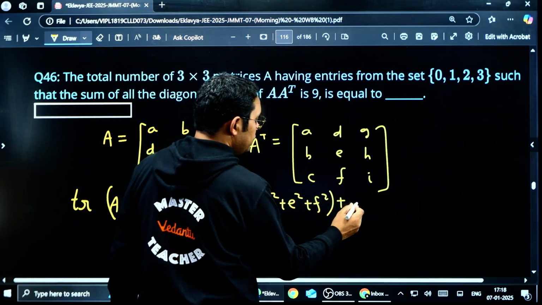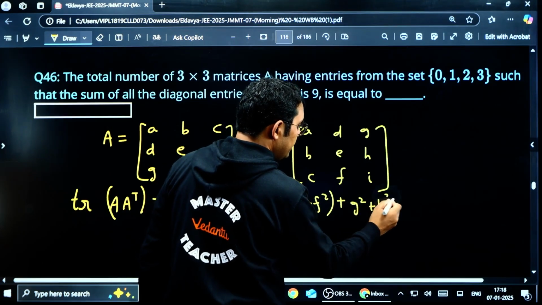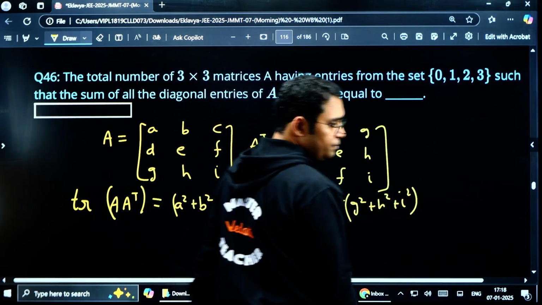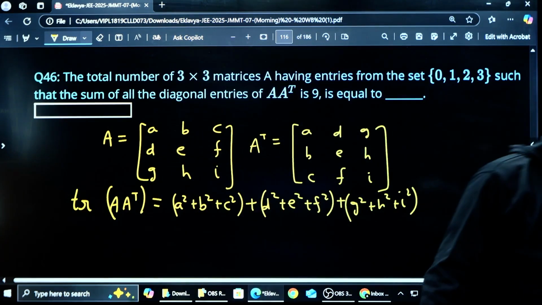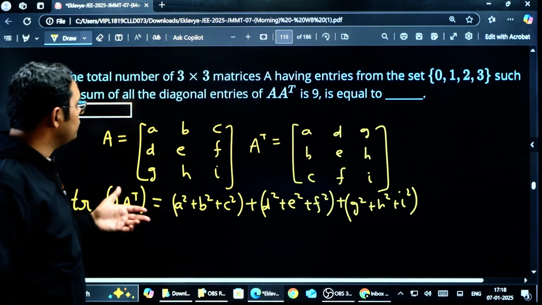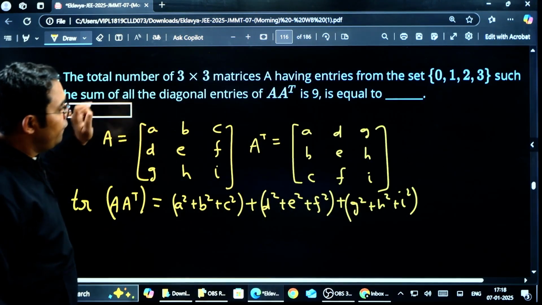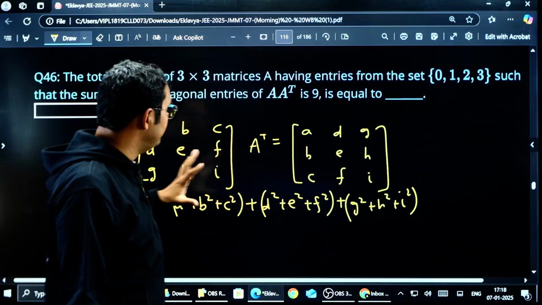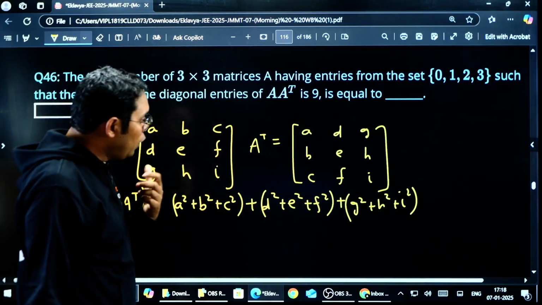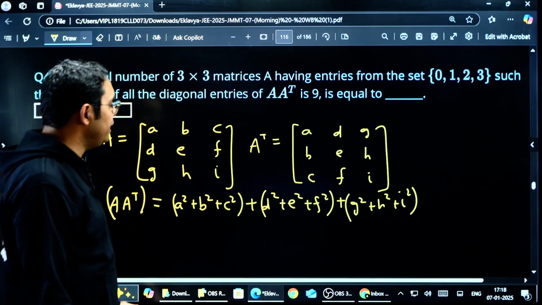Then G square plus H square plus I square. That means it is sum of squares of all the elements of A which are taken from 0, 1, 2, 3 set. Now, which element is to be taken at how many times? That is what we have to consider, and then I think we are done.